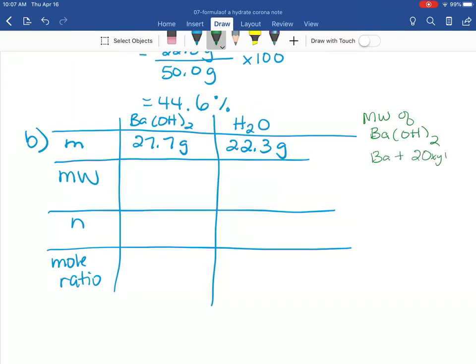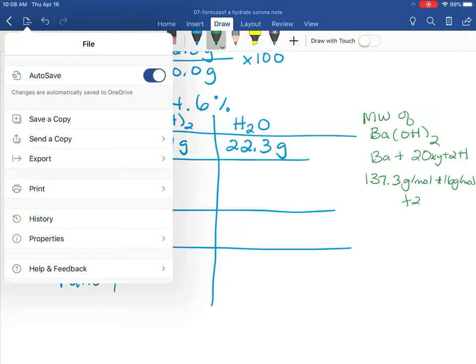So we have barium plus 2 oxygens plus 2 hydrogens. I don't know what barium is. And I ran out of room. Oops, times 2.